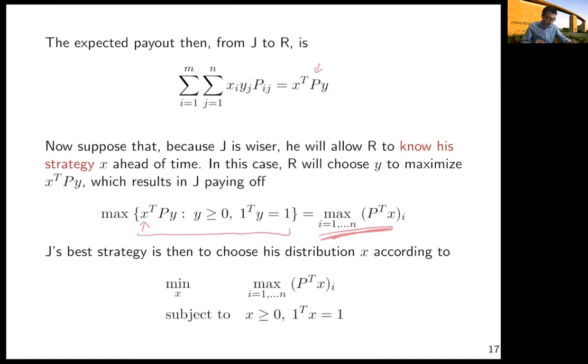So J wants to somehow minimize the criteria, despite the advantage that's given to R. Okay, so formulating that as an optimization problem, J wants to minimize over all policies, over all probability distributions of choosing these actions, such that this criteria is minimized, right?